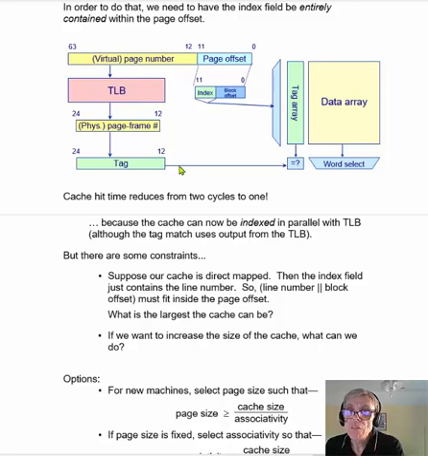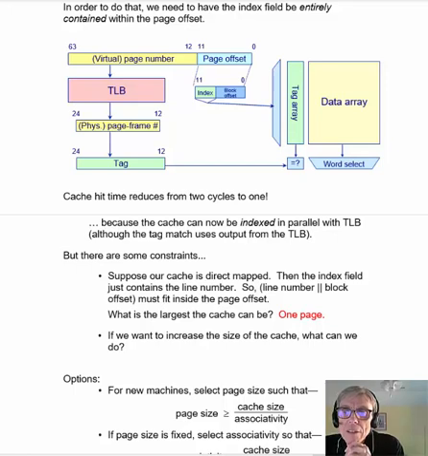So if we have the situation where the index field contains the line number because the cache is direct mapped, what's the largest that the cache can be? Think about it for a minute. Yes, 1 page, because the index can only refer to a single cache line.